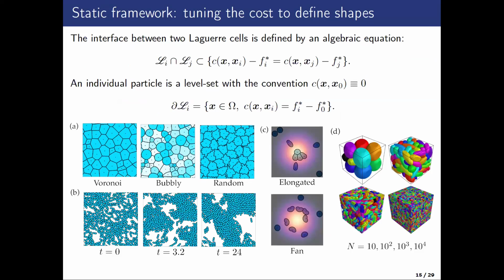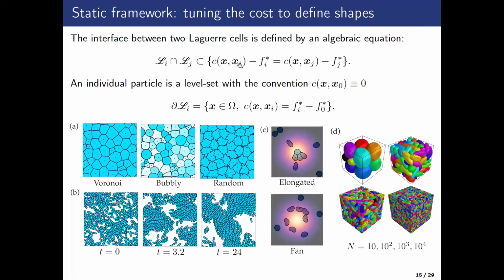So for the first part, how to choose the cost. The nice thing with this model is that we know that the particles are given by Laguerre cells, and we have some algebraic equation for that. So we know that the boundary between two Laguerre cells is given by this algebraic equation.